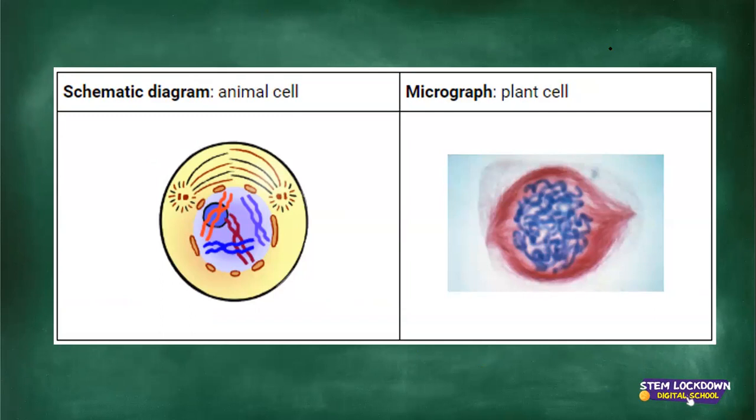So quick recap before we continue. Anaphase, what happens? Who can sum up the whole process of mitosis for me?